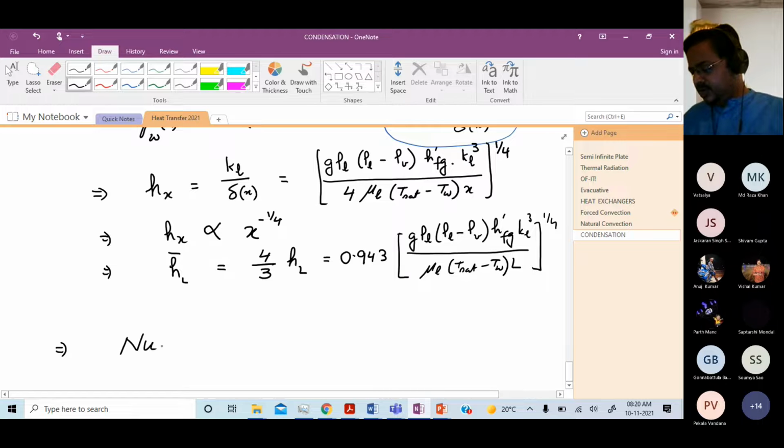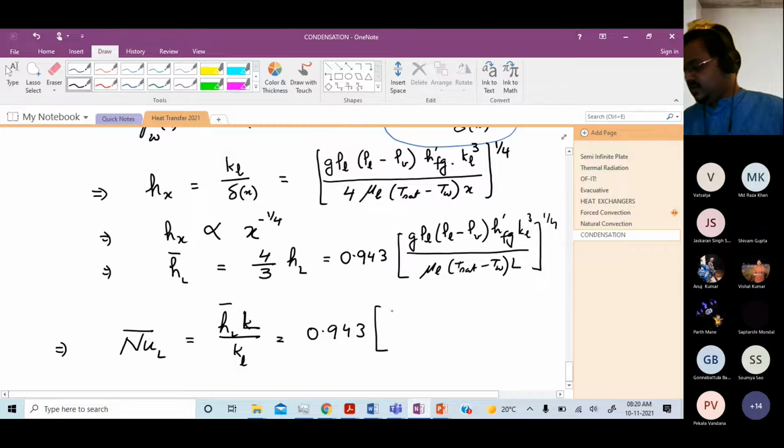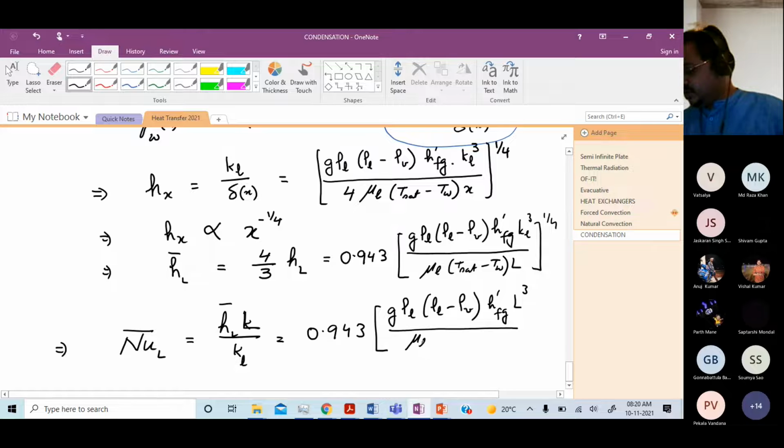So now I can also express an average Nusselt number, which would be h bar L over k L, and that therefore becomes 0.943 times [g (rho L minus rho V) h prime fg L cubed divided by mu L k L (Tsat minus Tw)] to the power 1 by 4.